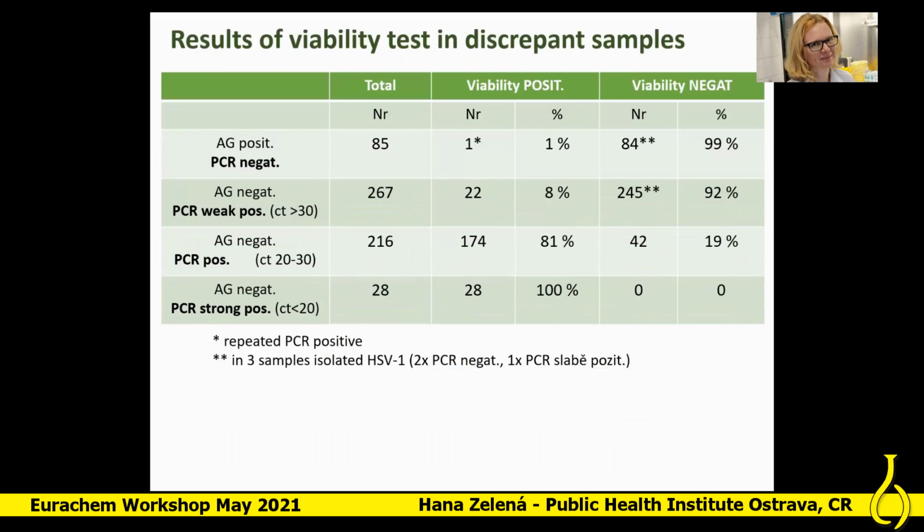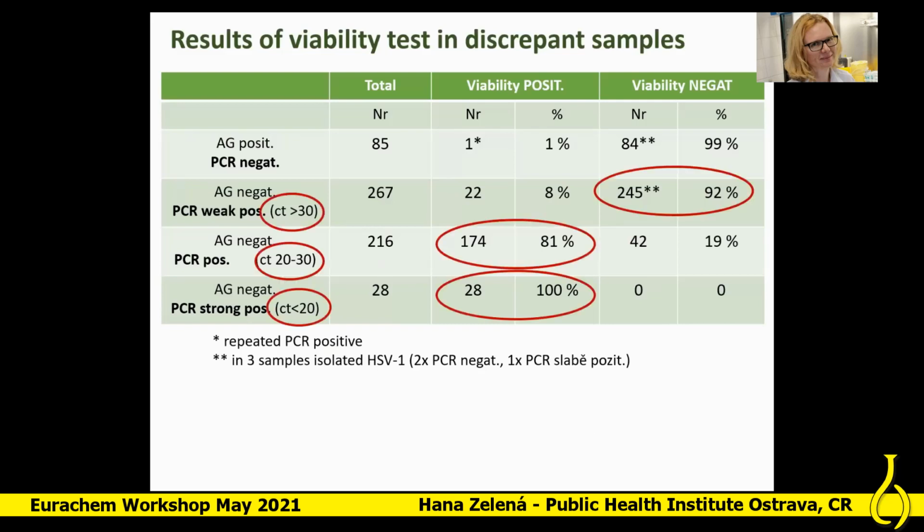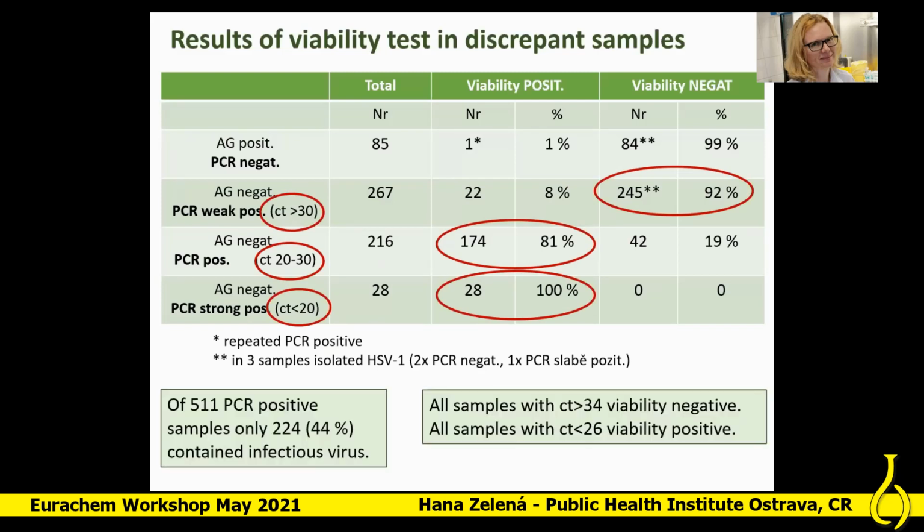So this is also very interesting, another result of our study. Next, please. Yeah, there are some circles. Yeah, and you can see that altogether about 600 samples had discrepant results, and of those, only 85 were false positive in antigen test, but more than 500 PCR positives were negative in antigen.